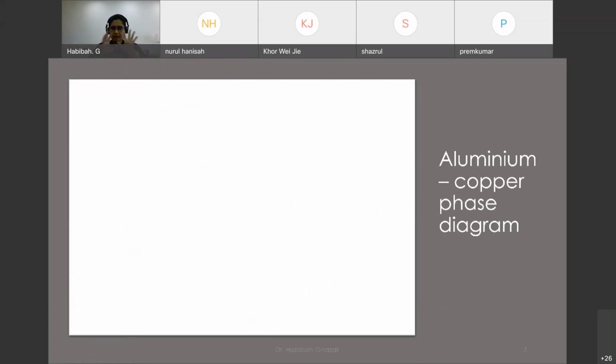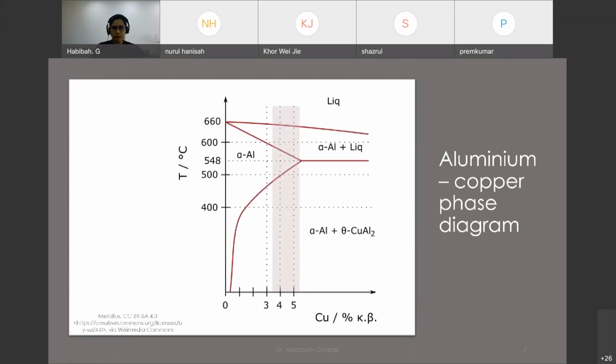I will zoom in on that side of the phase diagram, and we look into this alloy that initially solidifies to become alpha phase, alpha aluminum.